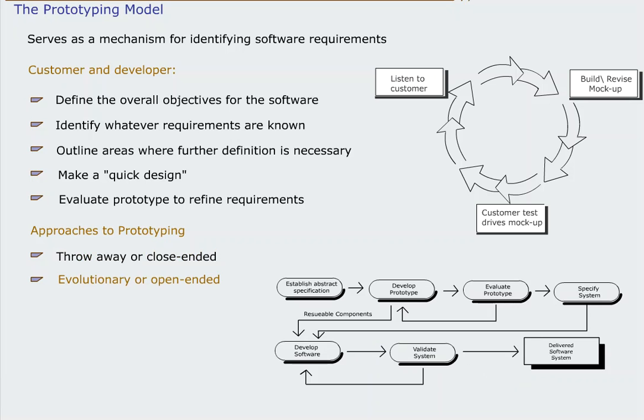In the evolutionary approach, development starts with those requirements which are best understood. First of all, an abstract specification of the system is developed from these requirements and then a prototype system is built. Using this prototype system, development is completed.